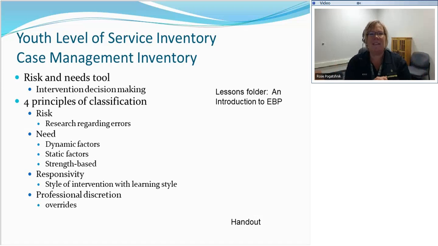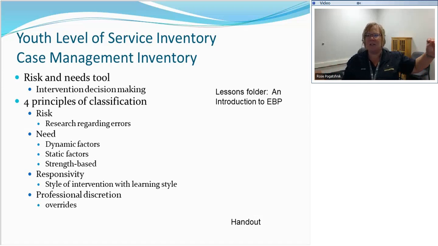We also need to assess their needs. These are areas where this child needs help. Now, we know that there are dynamic factors and static factors. So let me do those in reverse order. Static factors are things that are definitely an influence on a child, but we can't necessarily do anything about.